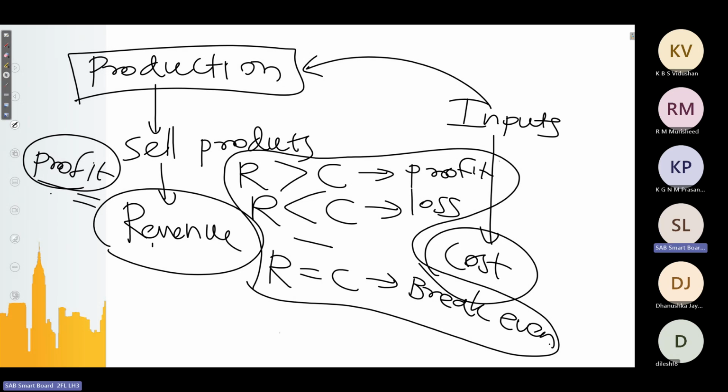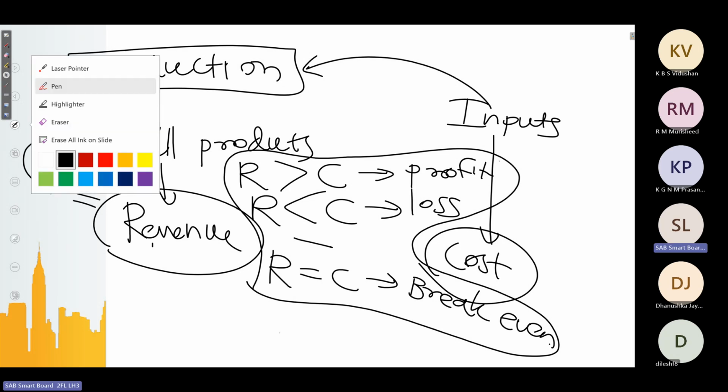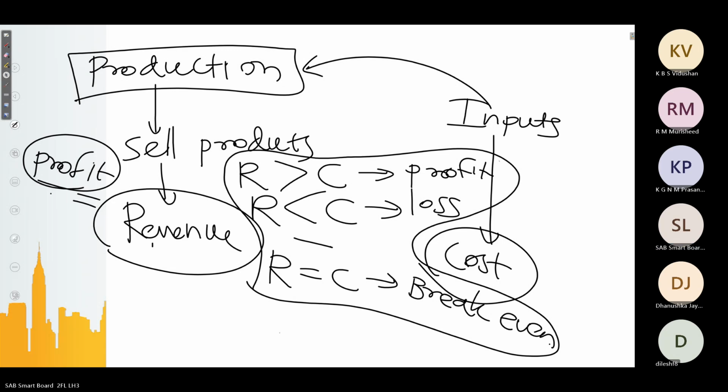The profit will be maximum when this positive gap between revenue and cost is the largest.